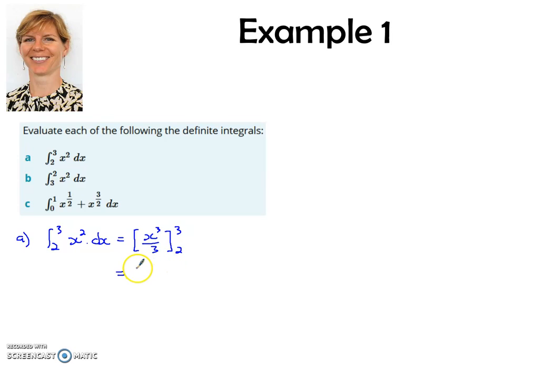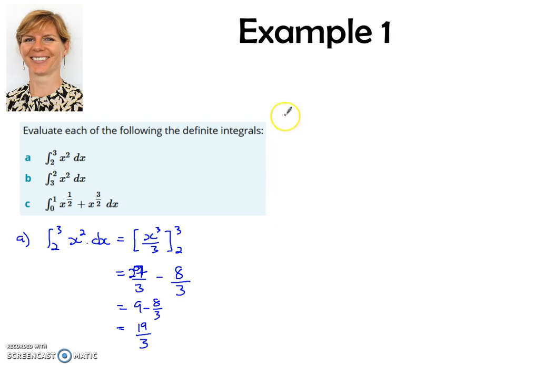So here we can go, it's 27 over 3, subtract 8 over 3. Okay, and you end up with 19 on 3. So that's the exact value for the area under that curve between 2 and 3.